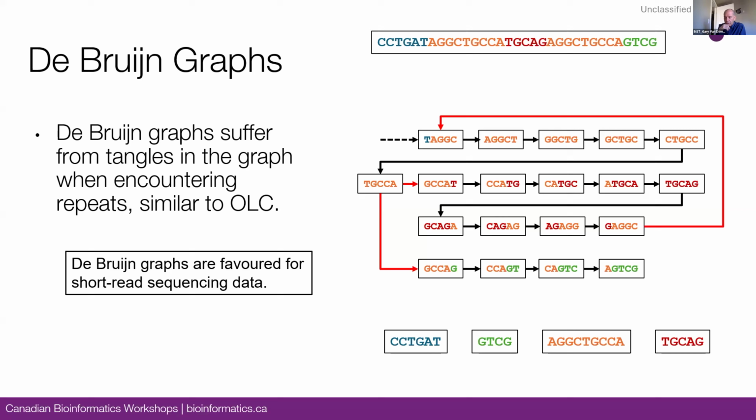Some of the sequencers like the ABI SOLiD I think generated these really short reads. But in general, if you're going to use a k-mer size on the order of 20, it's not really going to matter. It's not going to be influenced by your read size because the read is going to be so much larger. Thank you very much.